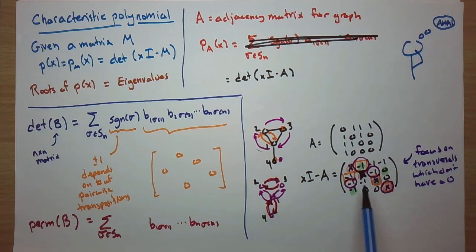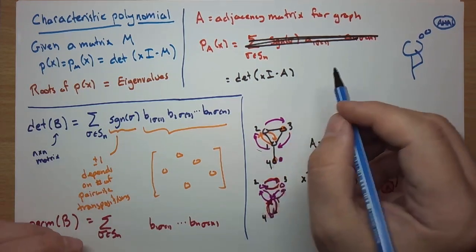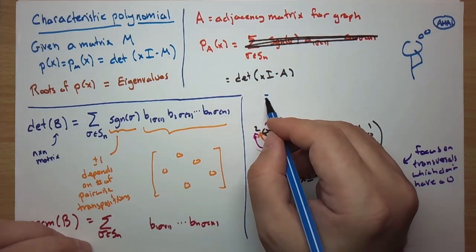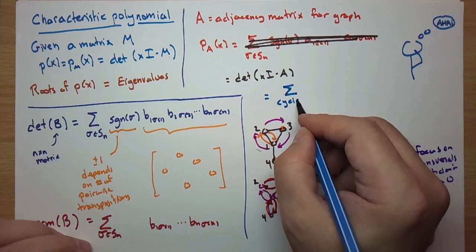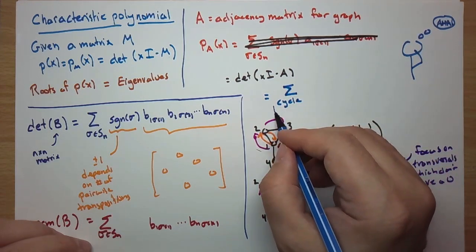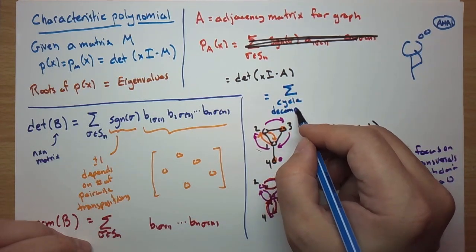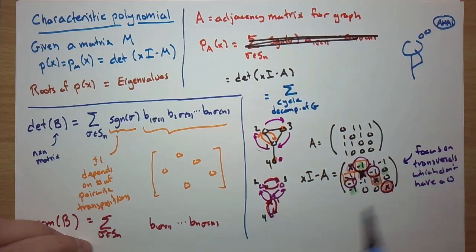When I'm looking at what contributes non-negative terms, I look at the corresponding edges in this directed version, it matches with cycle decompositions. Okay, so we're going to think about this in terms of a sum of cycle decompositions of A. Cycle decompositions of our graph G.